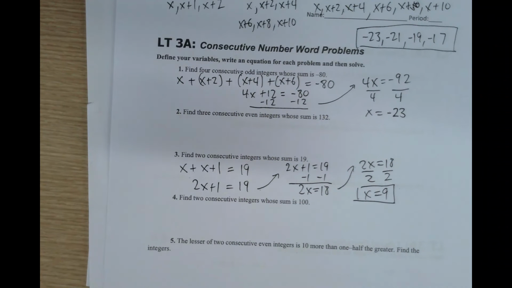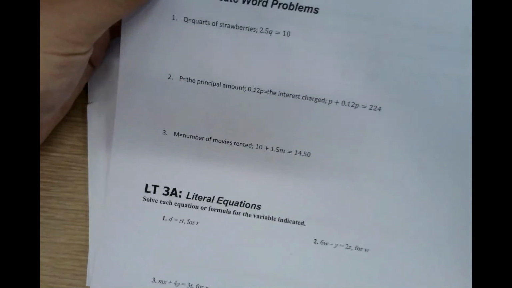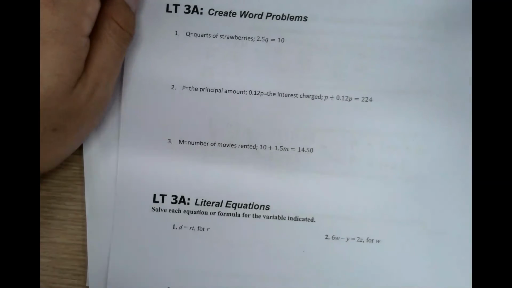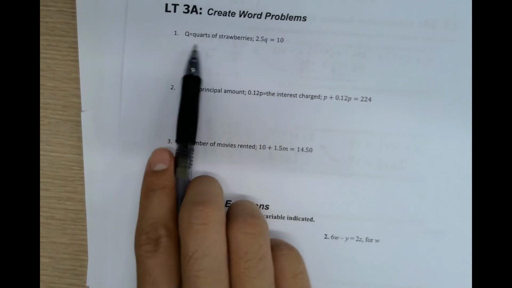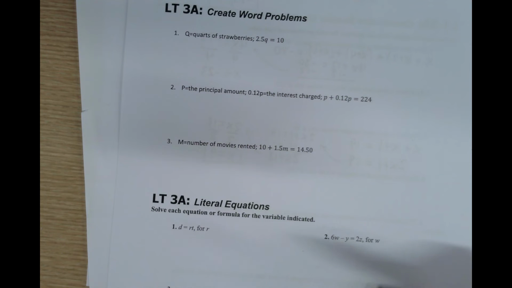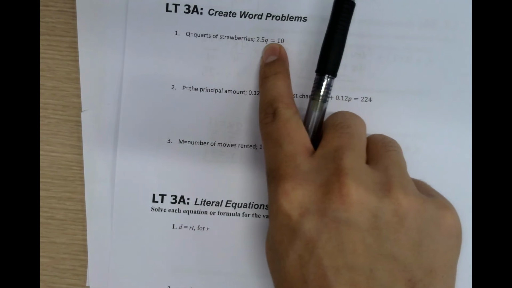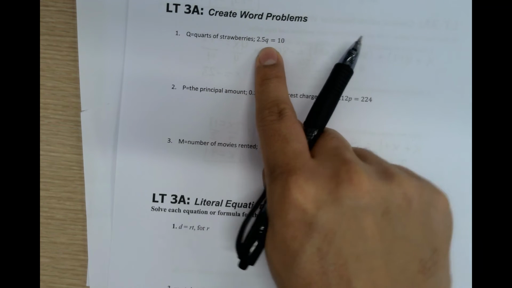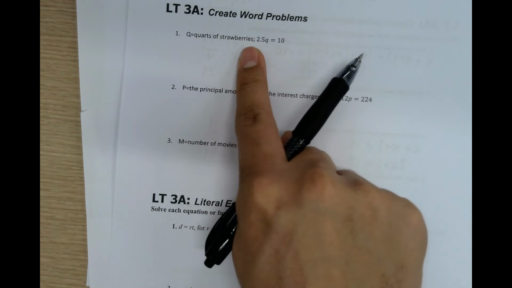Okay, so if you're having trouble on the back side over here where it says to create word problems, it asks us to create word problems based on these different things, right? So here, if Q represents the quarts of strawberries, then what it would be saying is that for every quart of strawberry, there's 2.5 of something.